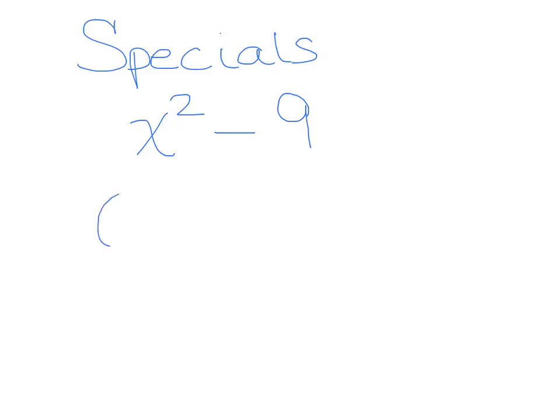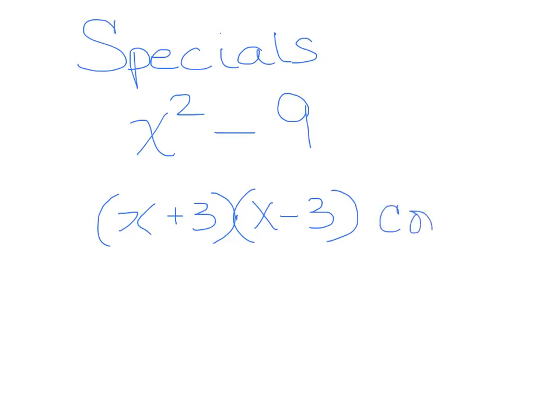So we would factor this into two different factors, right? Because factors are joined by multiplication here. So those two parentheses are being multiplied together. In the first one, x plus 3, and in the second one, x minus 3. And you'll remember, this is called a conjugate because it is a binomial, meaning two terms, where the middle sign has changed.